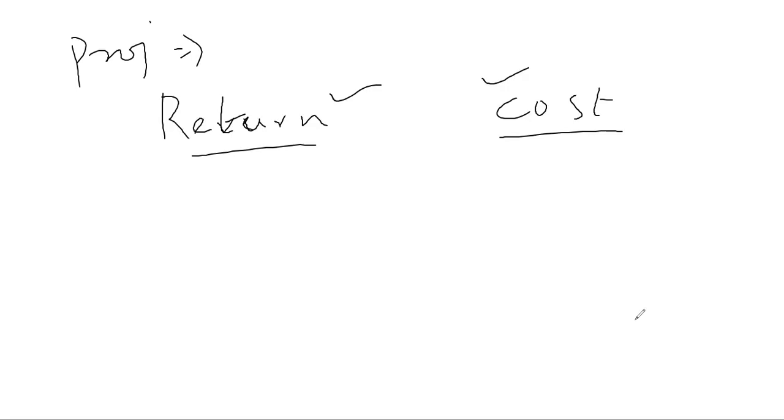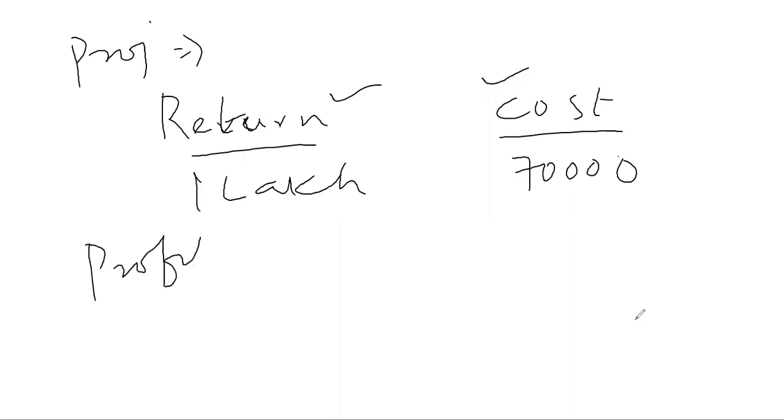For return, what should be your sign, positive or negative? And for cost, what should be the sign? For example, suppose you have a return of 1 lakh and you have invested, say, 70,000 in this project. You are going to calculate the profit. What will you take? Where negative, where positive?